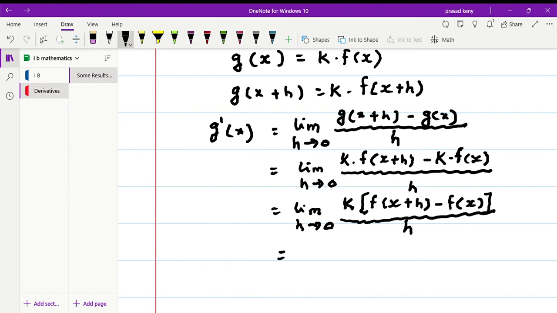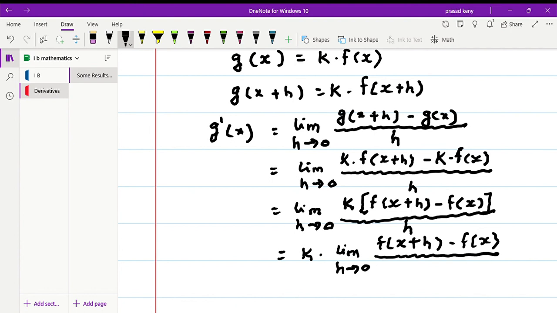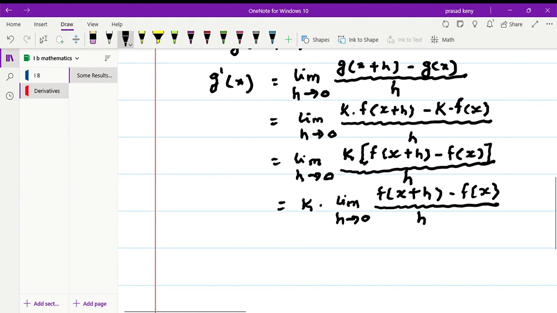So now here I can take this k out of the limit. So it will be k into limit as h tends to 0, f of x plus h minus f(x) divided by h. But that is nothing but k times f dash x.